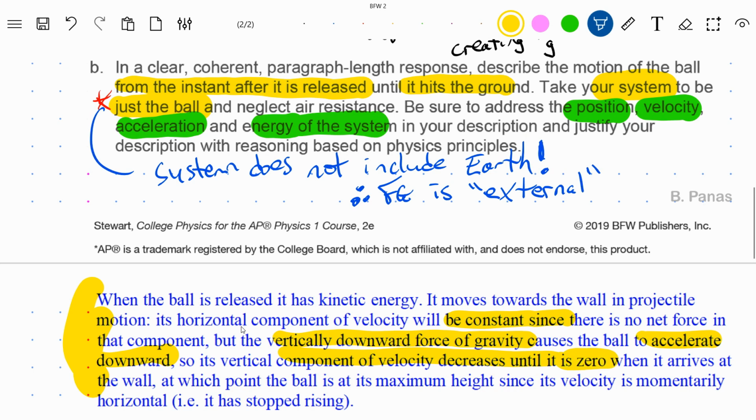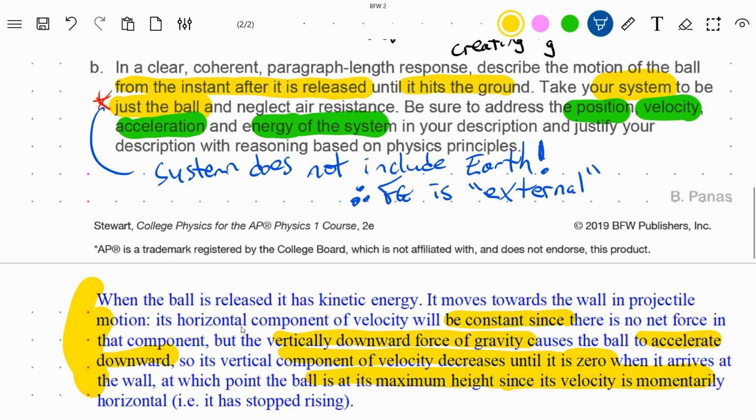Now, how did I know that it would decrease until it was 0? Well, because the question specified that it would be striking the wall at the moment its velocity was momentarily horizontal. So I talk about it striking the wall, at which point the ball is at its maximum height, since the velocity is momentarily horizontal, which is to say it has stopped rising.